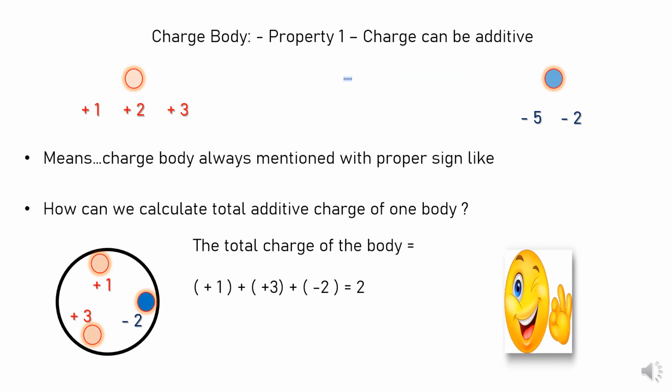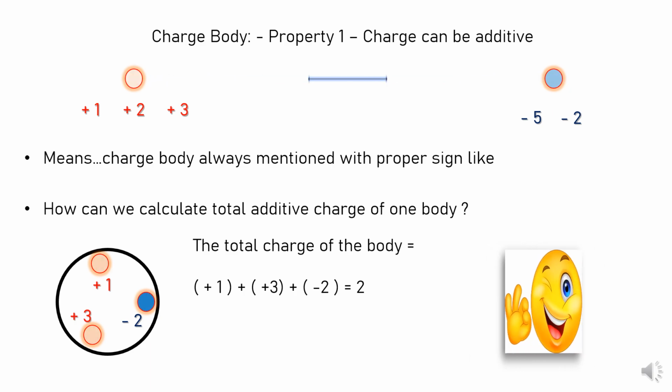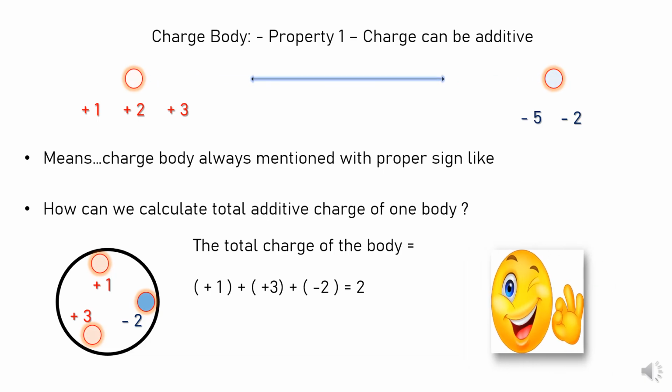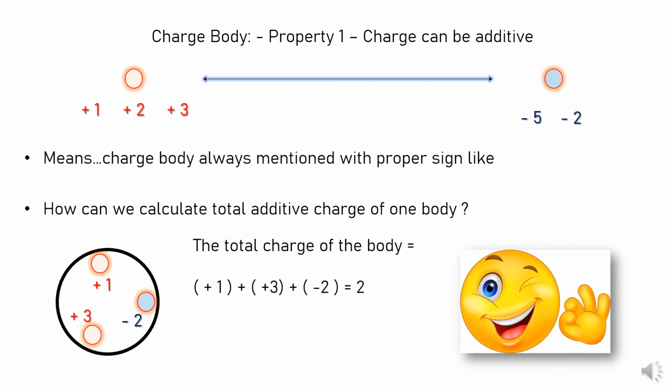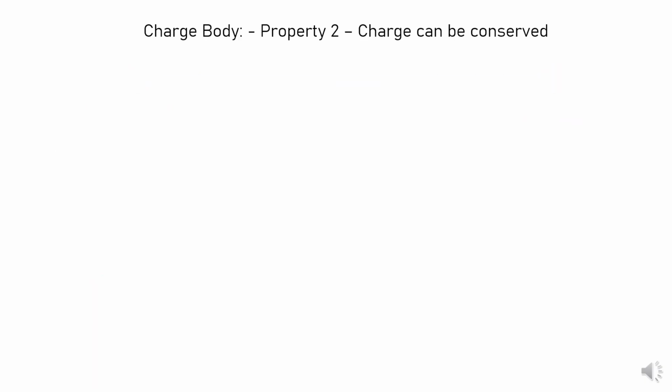The net result is +2. That means you can add charges as mentioned. So this is all about the charged body. Charge addition is possible, as we have seen in the last slide.